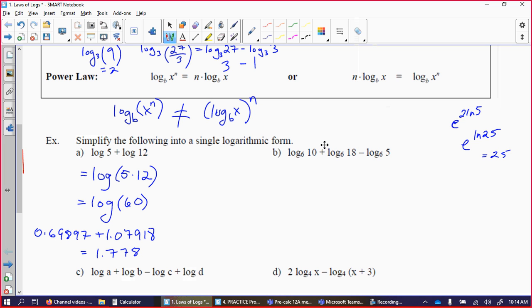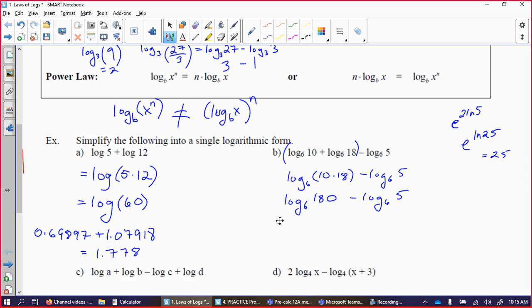Log base 6 of 10 plus log base 6 of 18 minus log base 6 of 5. We have to do this kind of in the order in which it occurs. So I'm going to do this part first. Log base 6, 10, and 18. Minus log base 6 of 5. Well, this is log base 6 of 180.